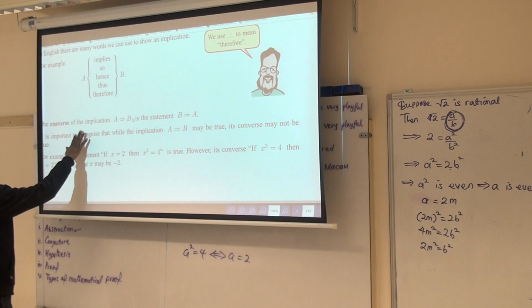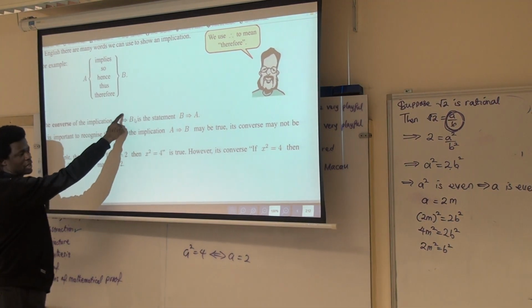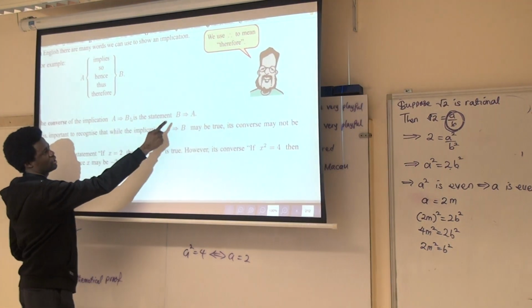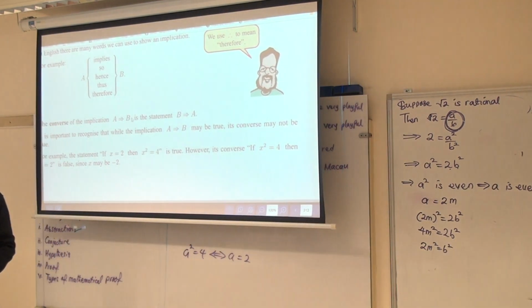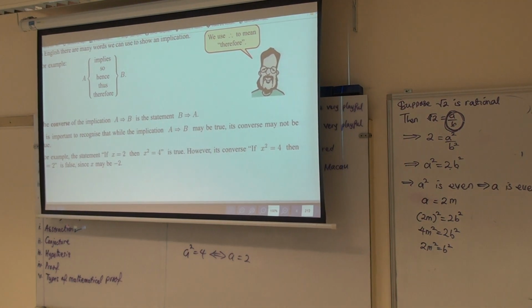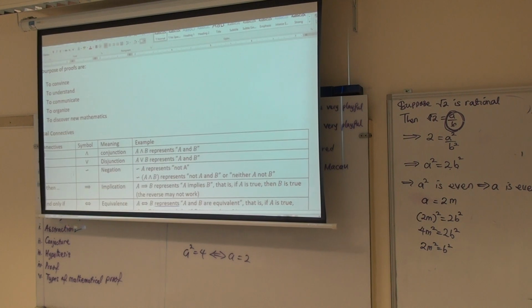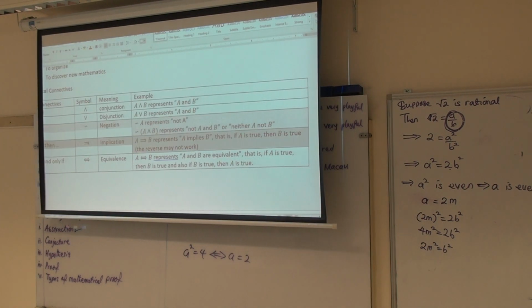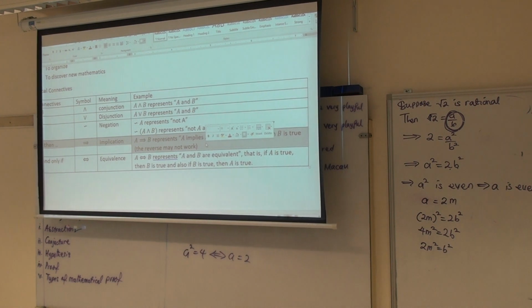Look at this. This is an implication, like we said. The converse will be B implies A. But the converse is not expected to be true in this first one. It is not the requirement. We are concerned about the direction here: the first one implies the second one. That's what we are trying to connect. When you go the other way around, you have the converse.